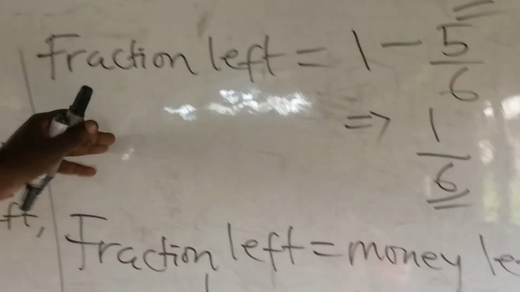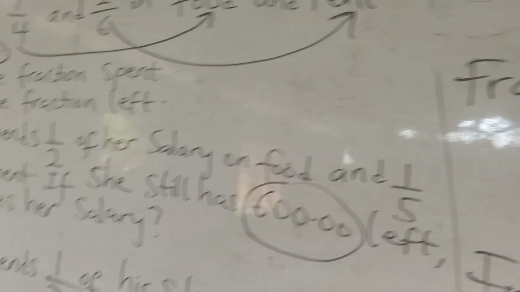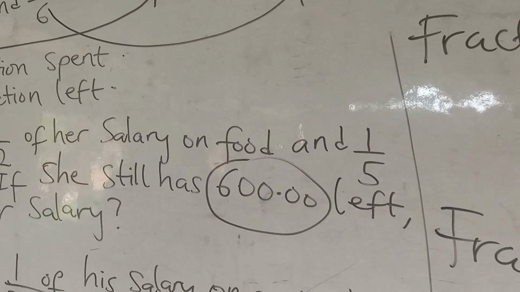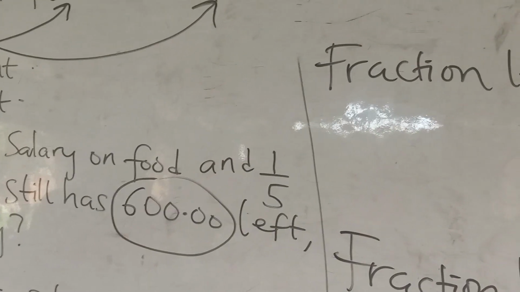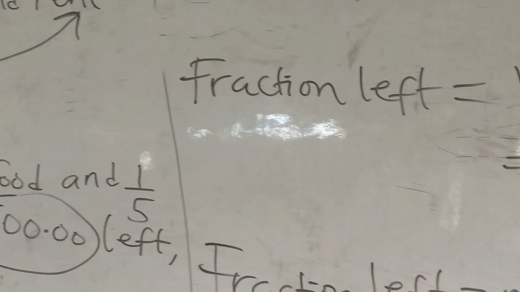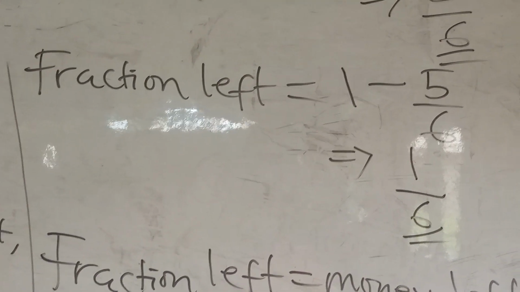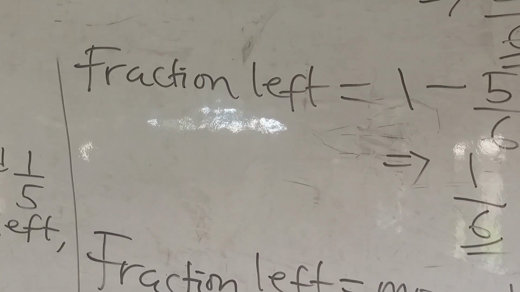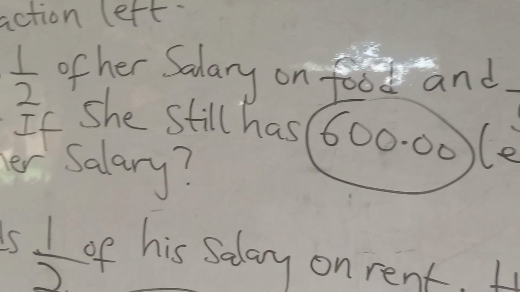So we have a second method for us to get how much was his salary. That second method, you use a table. I want us to try that one too, but this is the simplest method. We have a second approach for solving a question like this when they give you a fraction of the remainder.